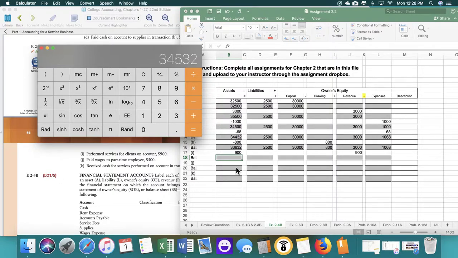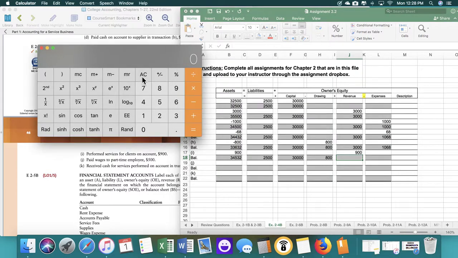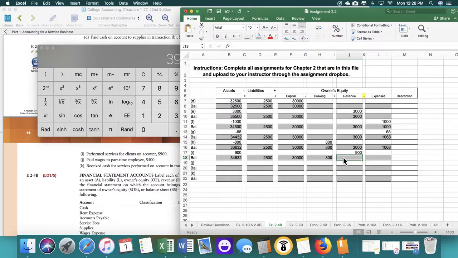So 34,532. Everything else is going to stay the same. Here we're going to have 3,000 plus 900. Again, even though it's easy math, you might want to double check yourself with the calculator. Okay.